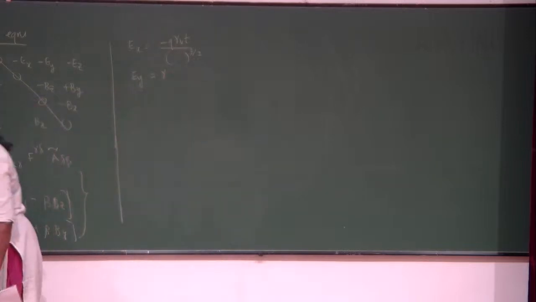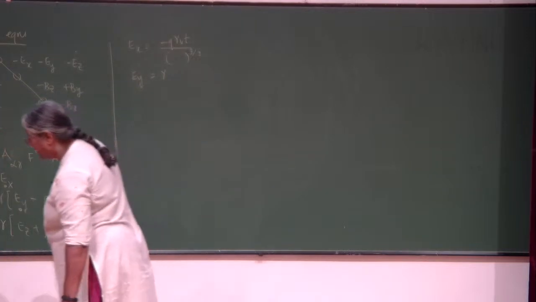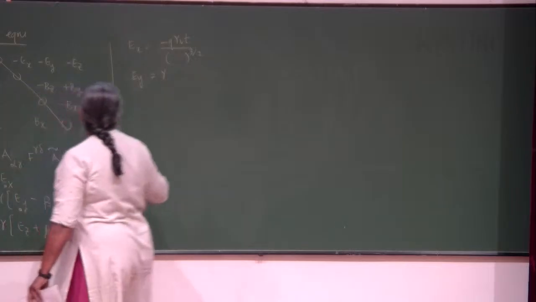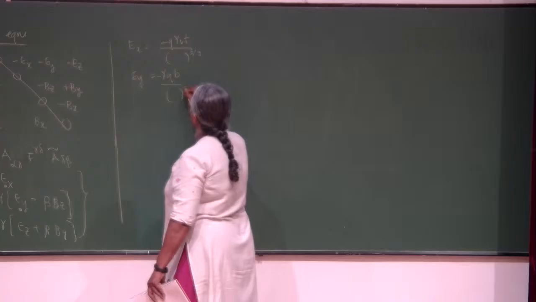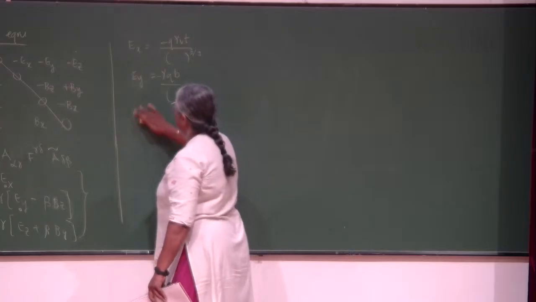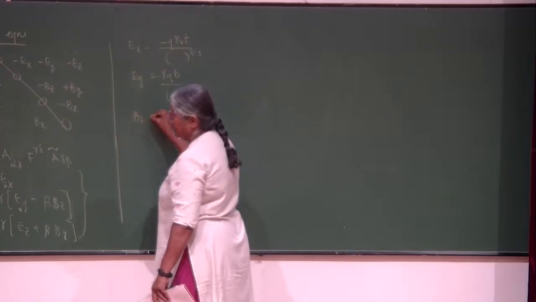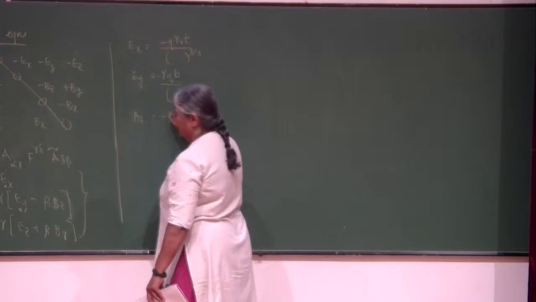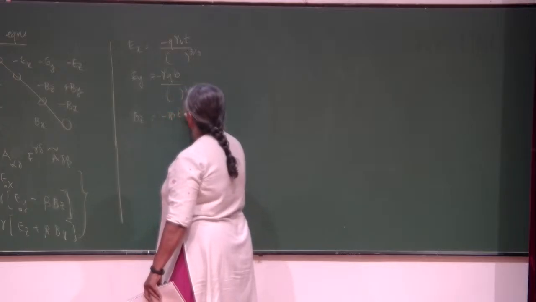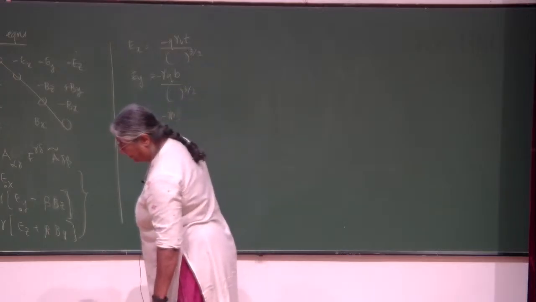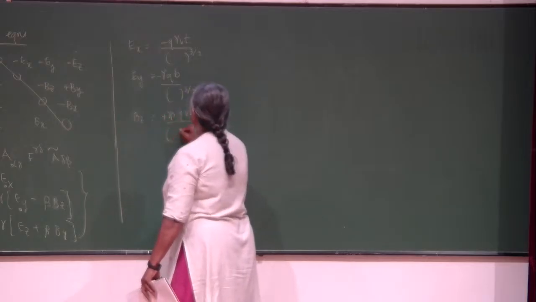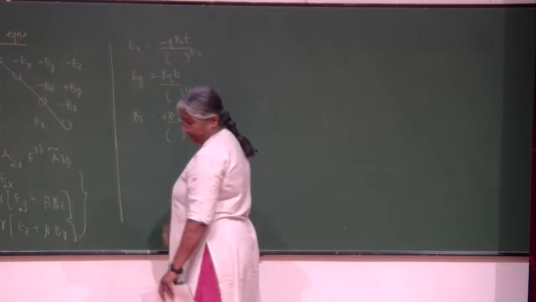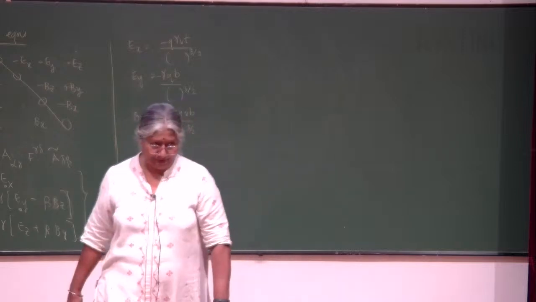Ey prime was minus QB by, and Ez prime all are 0, only Bz is there, will become minus gamma beta Ey prime was plus QVB by this to the power of 3 by 2. Okay, so now we have done the transformations, right?